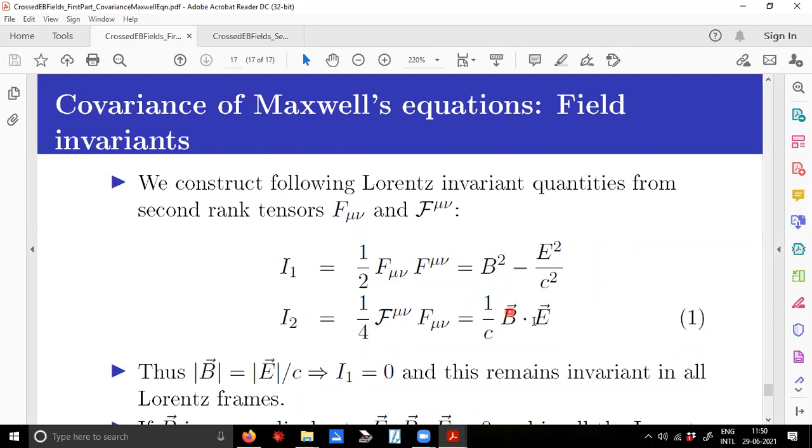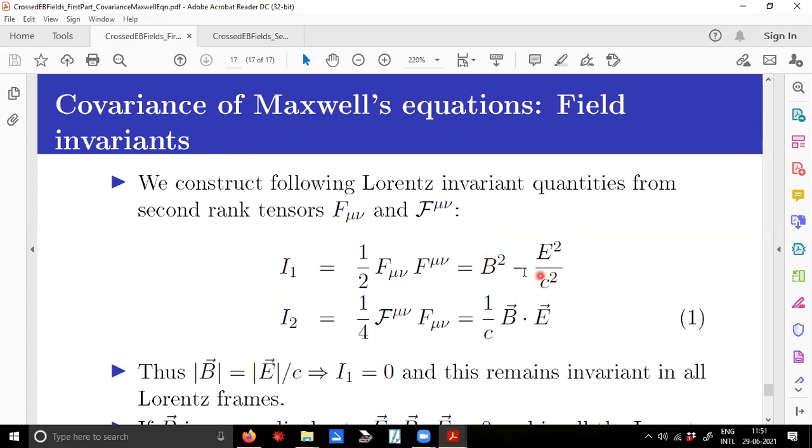Suppose you have a frame of reference where you have applied only a magnetic field. Then what is this invariant I1? I will say, look, I1 is positive; only B squared is there. You go to any other frame of reference, I1 may be B prime squared minus E prime squared by c squared, but this number is the same.